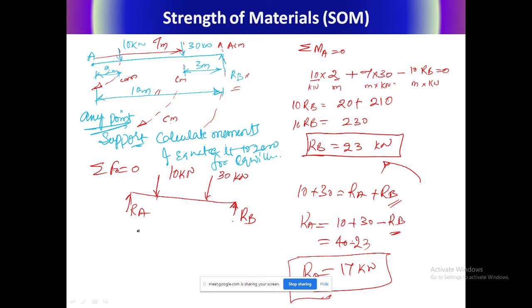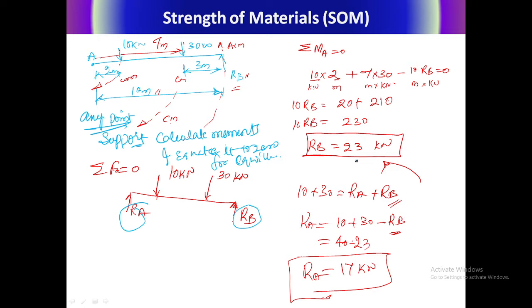Based on this, as well as the equilibrium condition of forces, you got the reaction force RA as 17 kilonewton and RB as 23 kilonewton.